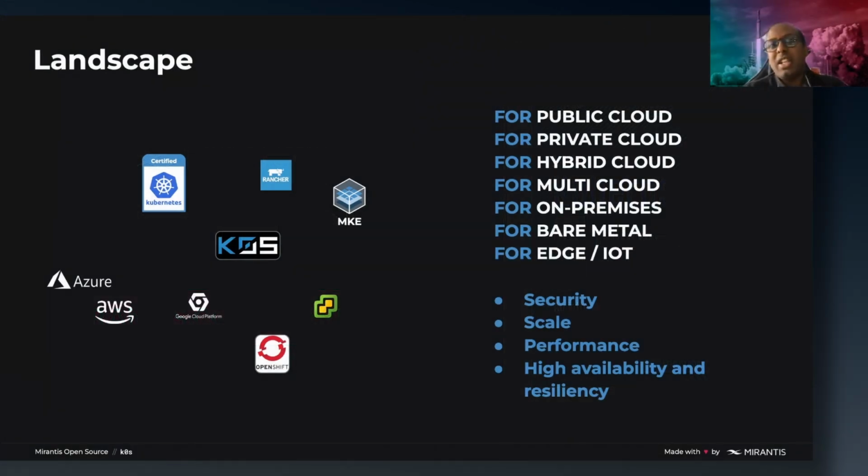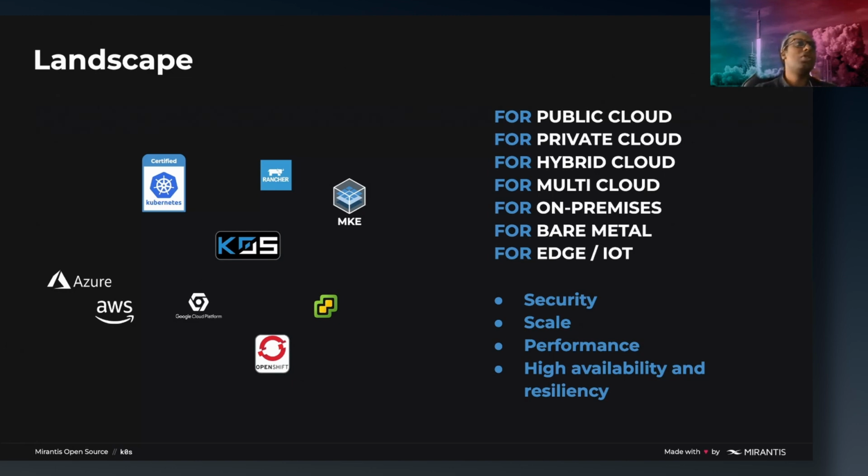So let's directly deep dive into what I want to share with you today. Let's look at the landscape, starting with the landscape of multi-cluster management systems. We have a few options today coming from various environments, whether public clouds or private clouds, if you want to go hybrid or multi-cloud.